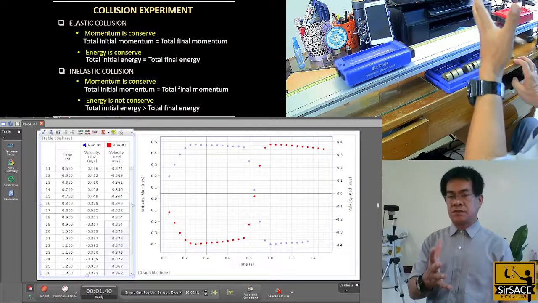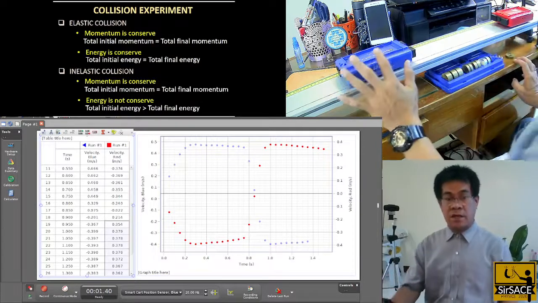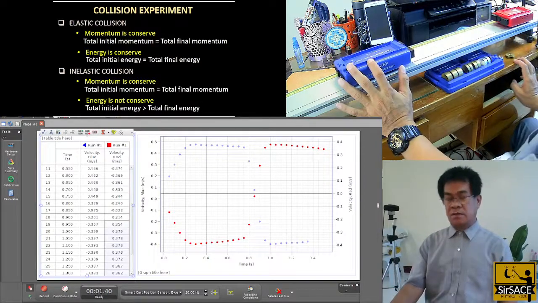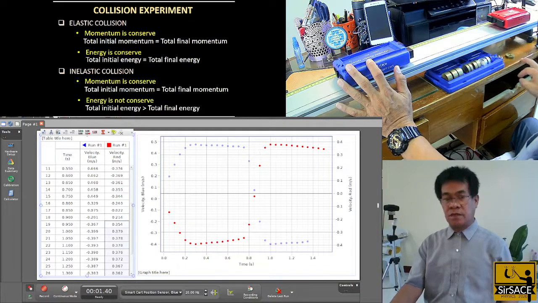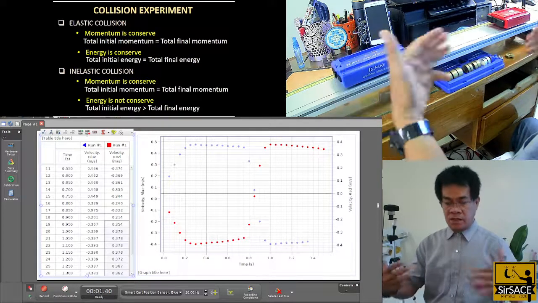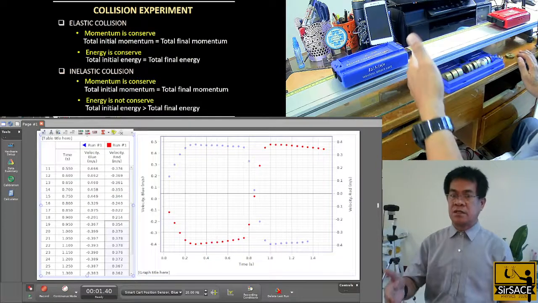For elastic collisions, the conservation of momentum is applied to the activity, which means we can apply the law of conservation of momentum. Regardless of the kind of collision, momentum is always conserved for any collision, elastic or inelastic.